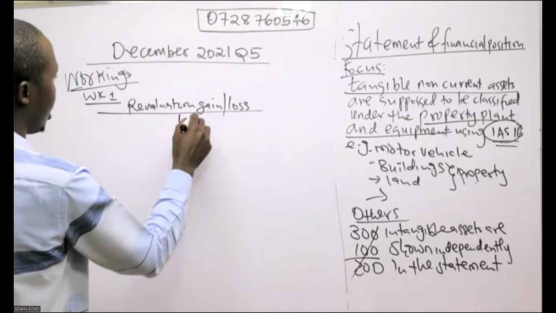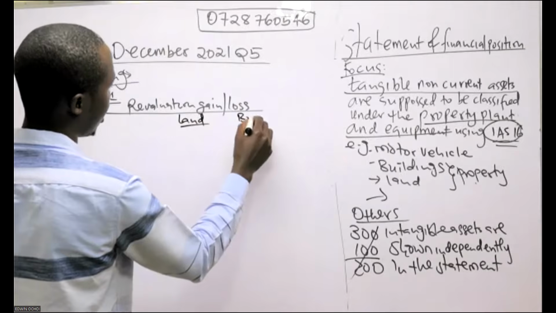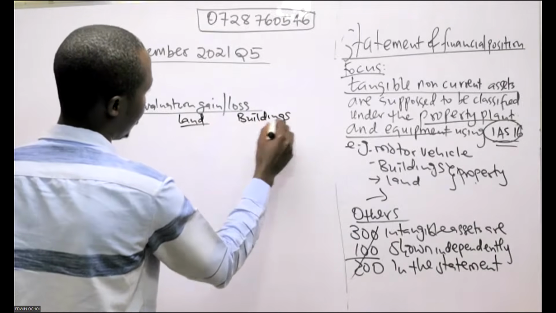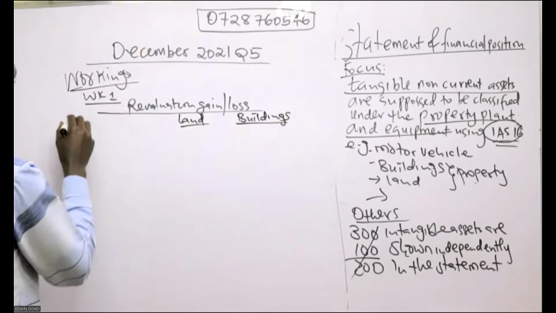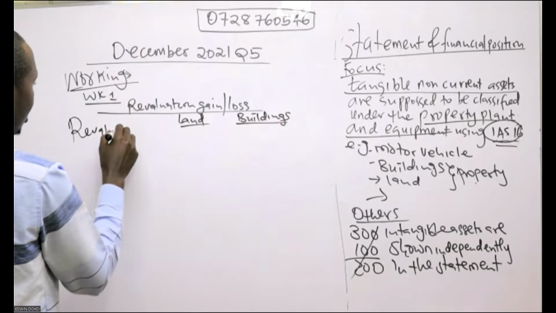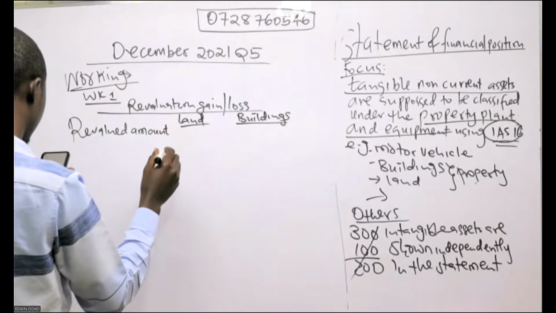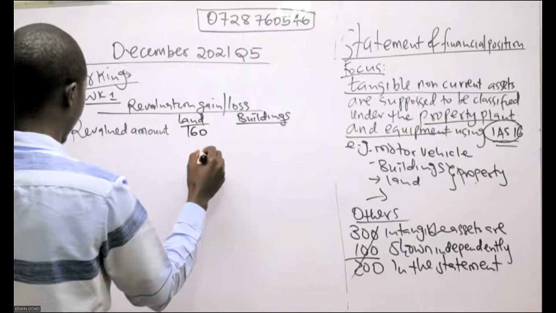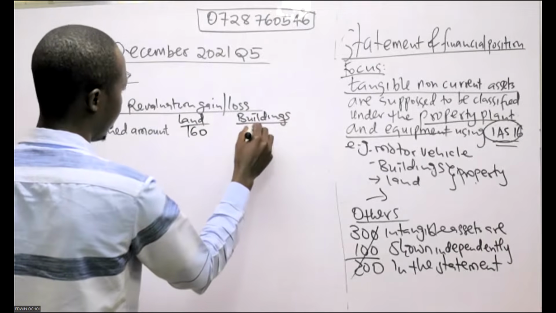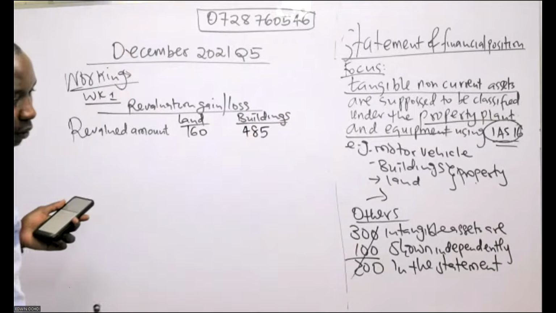So you come here and say we have land and we have buildings. So here we have the revalued amount: 160, and 485.